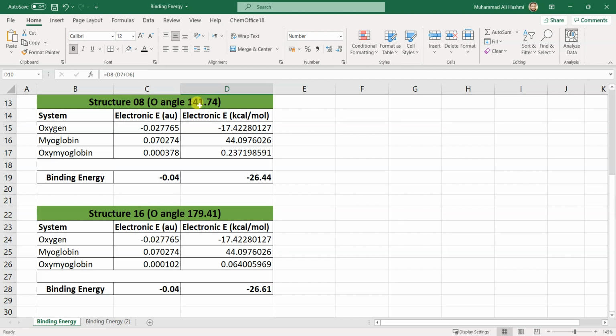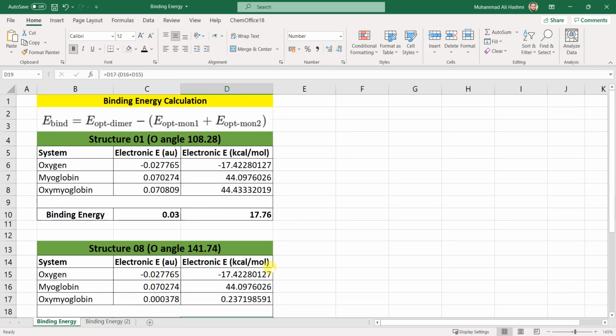When the oxygen attachment angle is 141, the binding energy is minus 26.44. It means the binding is much more favorable here, and the complex is much more stable. If you change the angle to 179, the binding energy is minus 26.61. It means it's even lower than that one, so this will be the most stable of all.